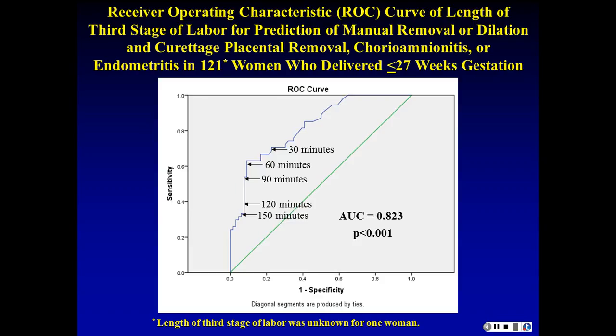Because if you use a cutoff in your clinical practice somewhere in here, you would probably identify about 2/3 of the women that have the composite endpoint as being above this cutoff, and then you would still probably have a specificity of about maybe 88% that are below that cutoff. Did everybody see and understand how an ROC curve could be used for cutoffs that you could be using in your clinical practice?